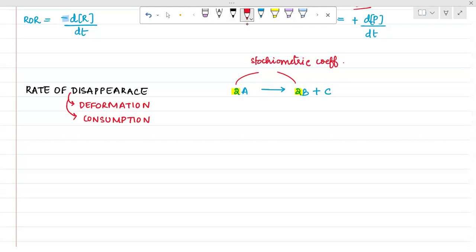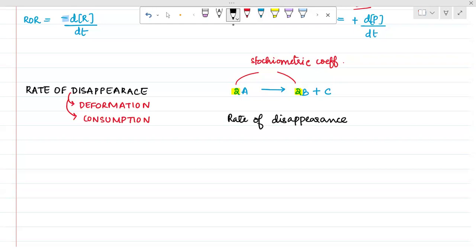So if the question is to just write the expression of rate of disappearance, you do not consider the stoichiometric coefficient. I repeat, if the question is to determine the rate of disappearance, you do not consider the stoichiometric coefficient. It's very easy. Rate of disappearance for this reaction: who is disappearing?